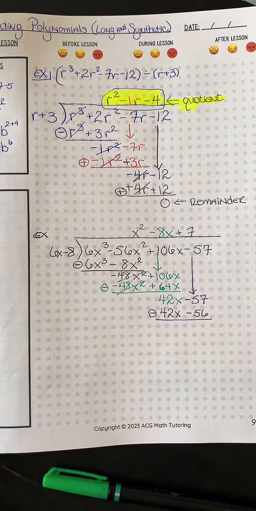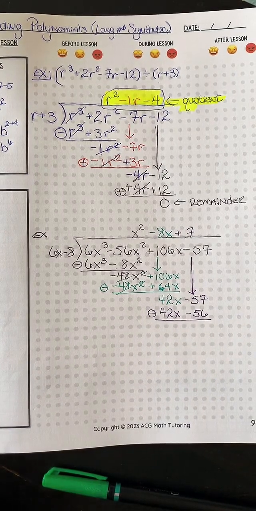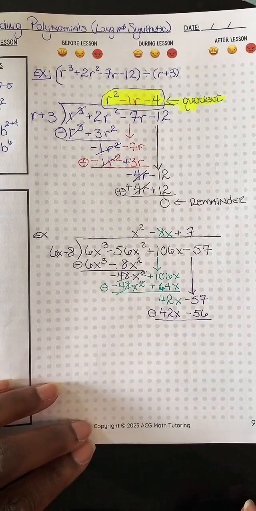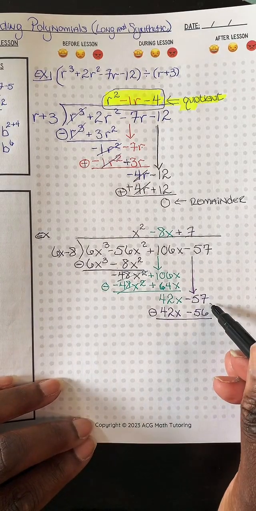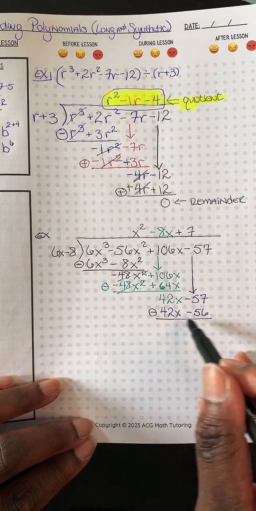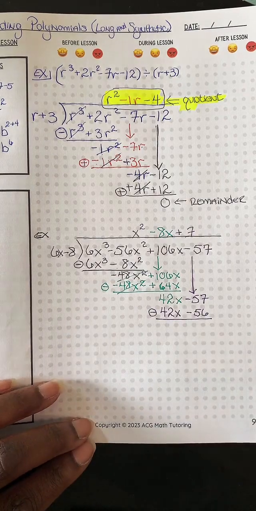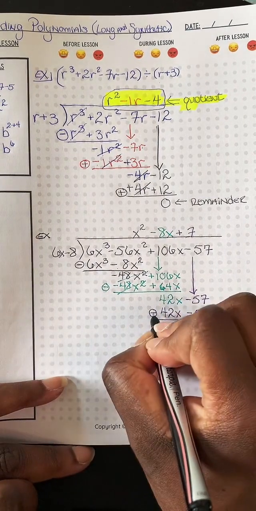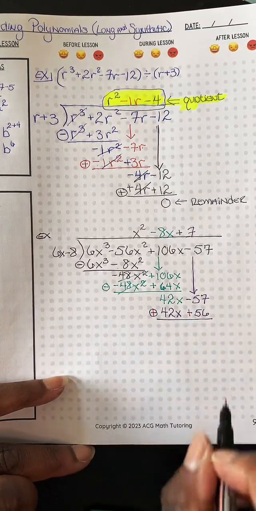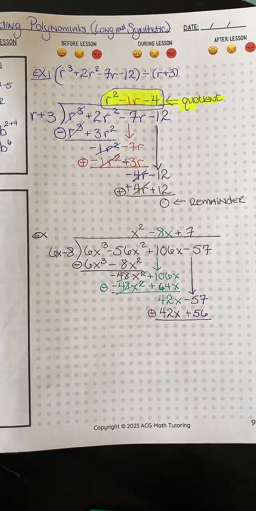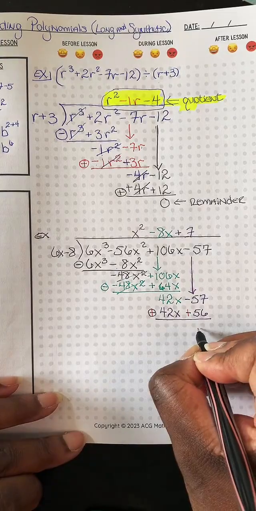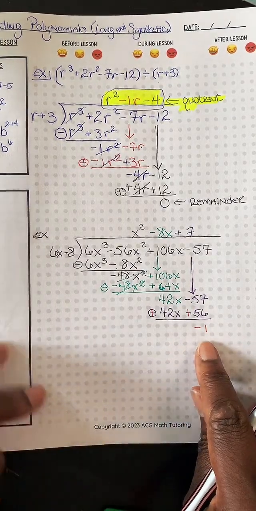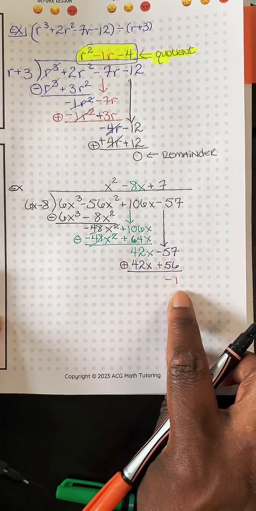Then we subtract. So now we have negative 57 minus a negative 56. When you minus a negative, it turns positive. So negative 57 plus 56, that'll give me my negative 1. And the negative 1 is your remainder.